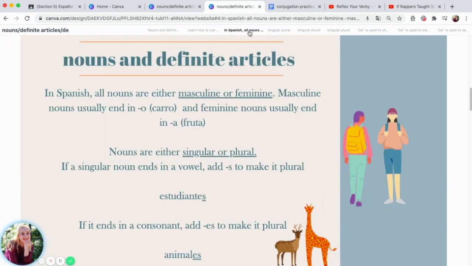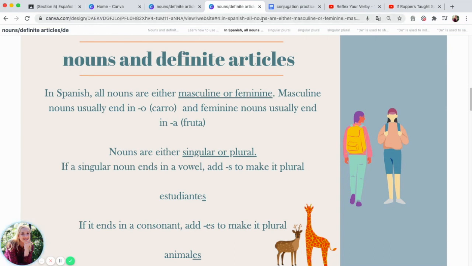So we have talked about how a lot of words in Spanish, almost all words, are either masculine or feminine. Okay, so we learned about this when we talked about adjectives. We said, okay, the adjective has a feminine form and a masculine form, and it has to match our noun. So nouns also have masculine or feminine forms.